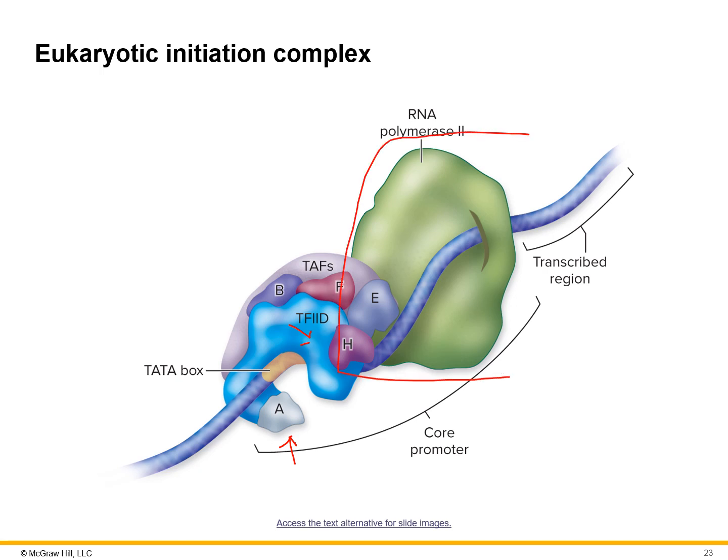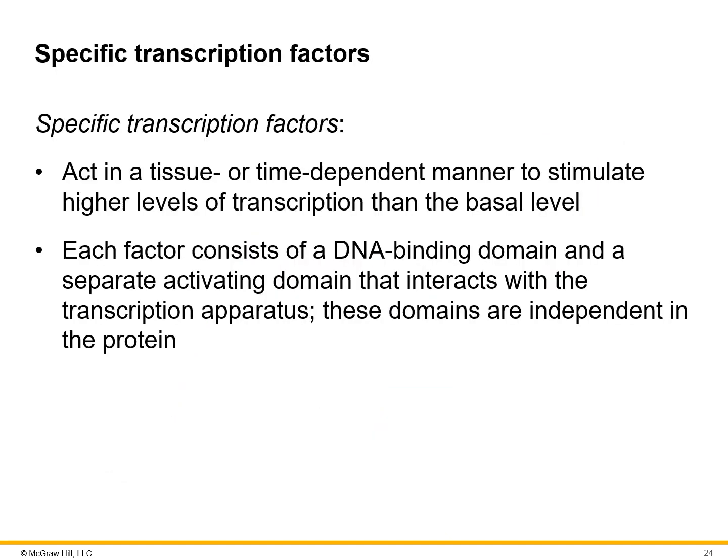RNA polymerase II is not going to bind to the promoter until all of these transcription factors are in place. So by regulating the quantity of any of these transcription factors, you can promote or prevent the transcription of genes.